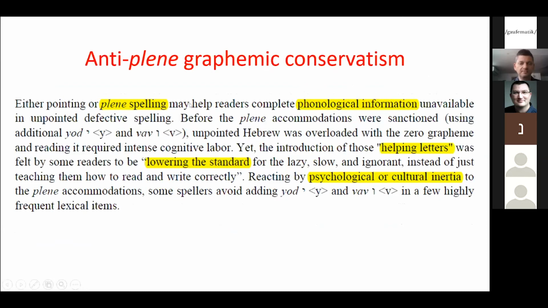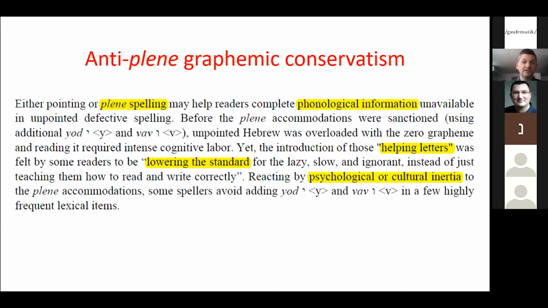And then there are some anti-plene graphemic conservatism tendencies. Plene spelling means adding more letters to the orthography to make reading easier: more yod letters to convey the sounds a and e, and more vav letters to convey o and u. These letters help people read and fill the gap of missing vowel letters here and there.